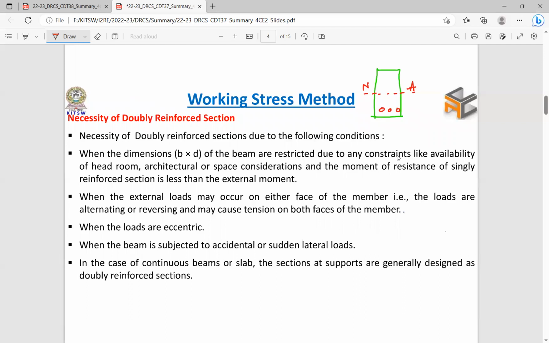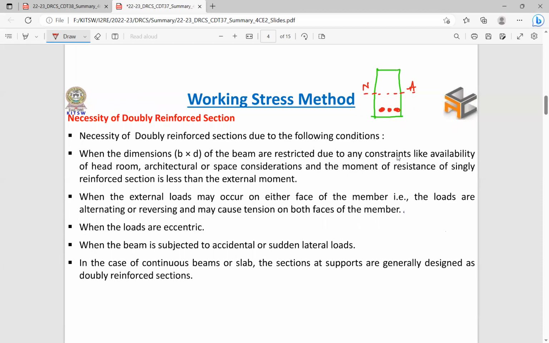Because of these tensile forces, cracks may develop at the bottom of the beam. To avoid the tensile cracks, we reinforce the beam with steel at the bottom, so that we can arrest the tensile cracks.